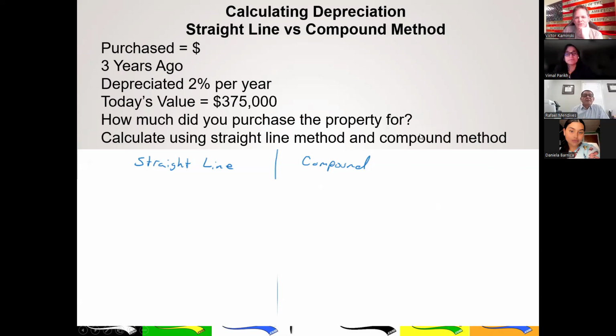How much did you purchase the property for? Calculate it first using the straight line method and then use the compounding method for the same problem. So do the straight line method first and then let me know what you came up with, and then I'll reveal the problem to see if you got it right once both of you are done, or the three of you.